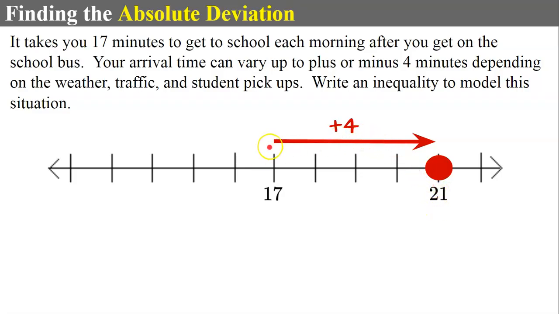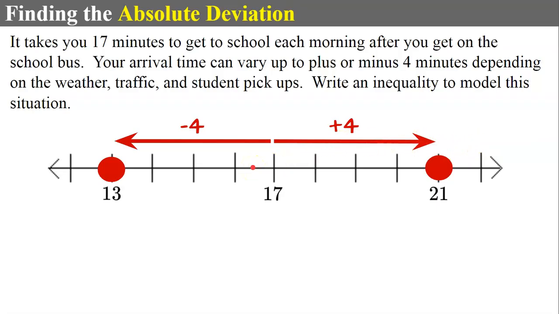Or we could be faster and hit no traffic, no weather, and maybe somebody isn't even at their bus stop and I don't need to stop, so fewer stops. So it could be subtracting 4 minutes from my average time, which would be 13 minutes. So I can arrive at school anywhere from 13 minutes to 21 minutes.